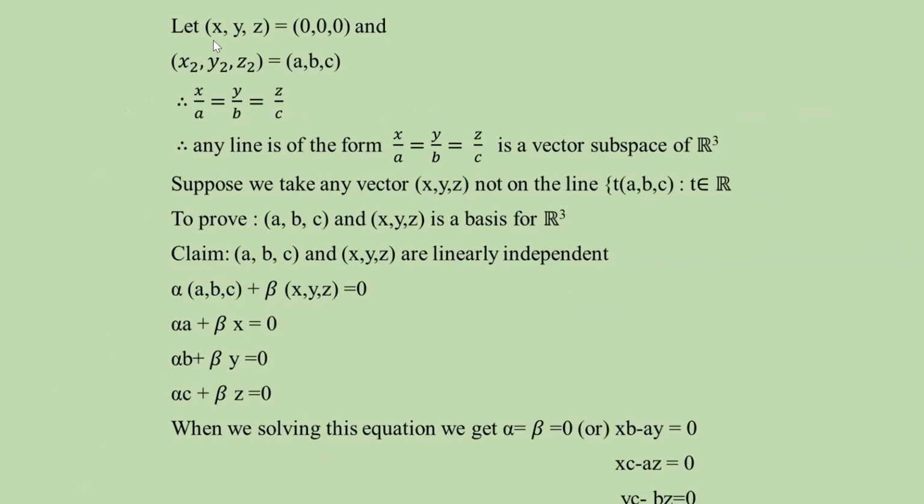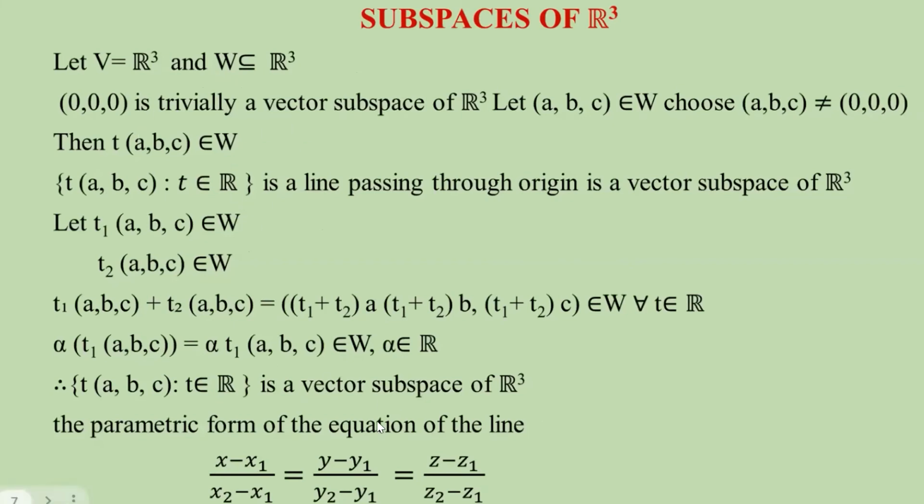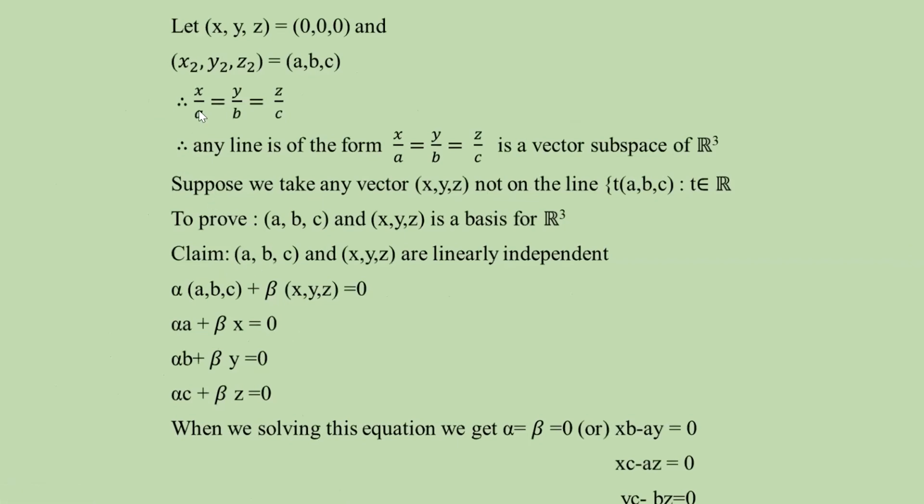We take two vectors, (x1, y1, z1) equal to (0, 0, 0) and (x2, y2, z2) equal to (a, b, c). When we put these into the equation we get x by a equal to y by b equal to z by c. Therefore any line of this form is a vector subspace of R3.